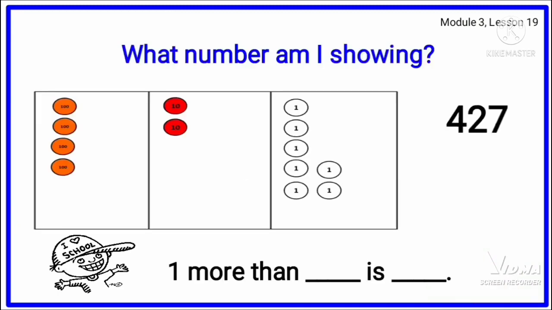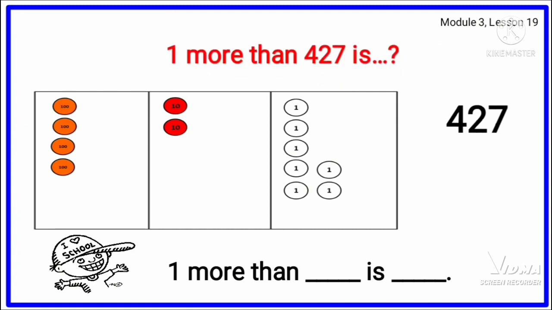Now look at your screen. What number am I showing? 4 discs of 100, 2 discs of 10, and 7 discs of 1s. That is 427. What is 1 more than 427? What's your guess? Alright, the answer is 428.